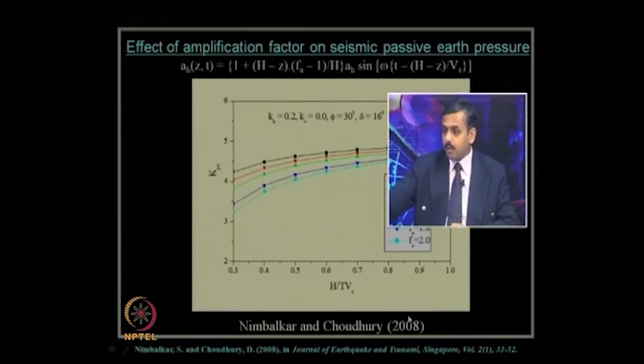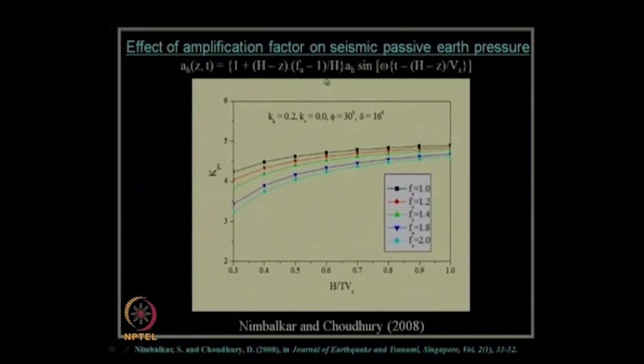Fine. Some more results, when we are talking about the effect of soil amplification, how this amplification affects the design value of this earth pressure. Let us see the seismic passive earth pressure coefficient when there is no amplification, that means Fa equals 1, Fa equals 1 means no amplification factor. Okay. That time, depending on this value of h by T Vs, you can see this is the variation of Kpe for the no amplification case.